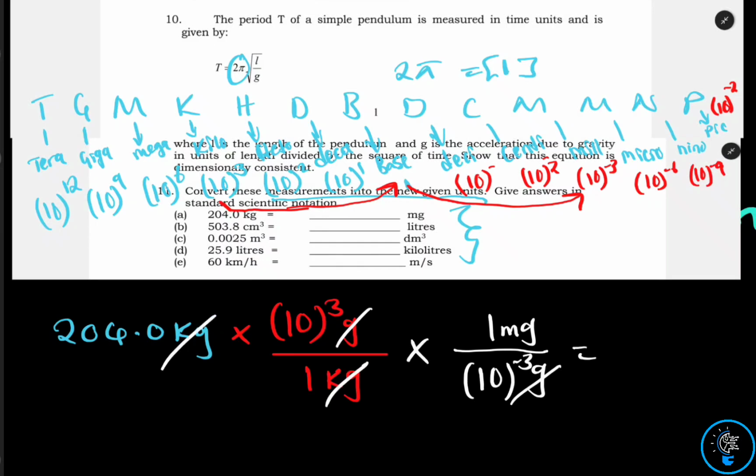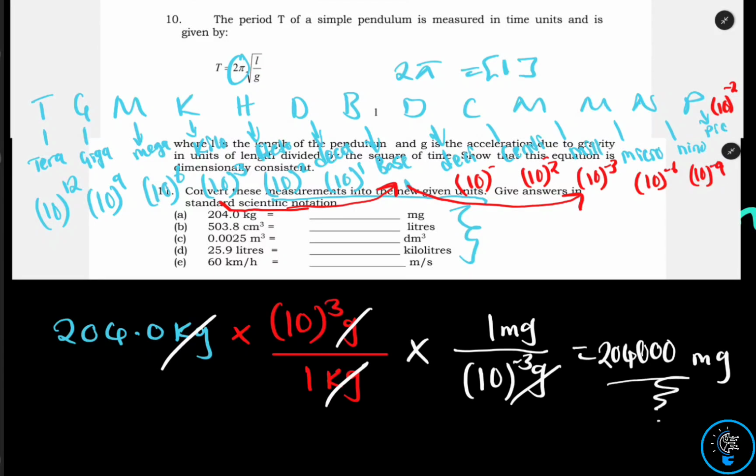Okay, the kilogram will cancel too. We're going to remain with milli as the units. Now it's just a matter of punching those ones into your calculator, which will give you a value of 204,000. Yeah, as your value.